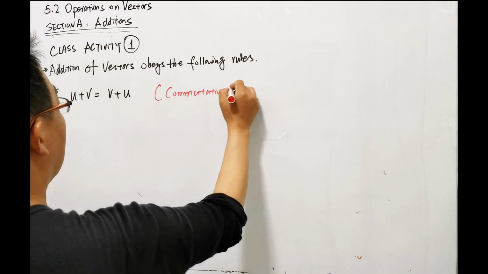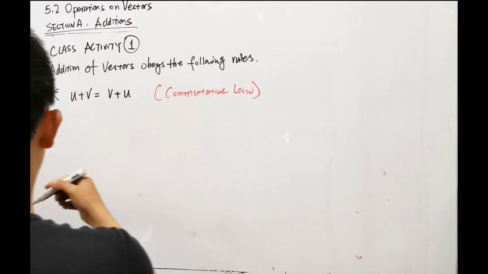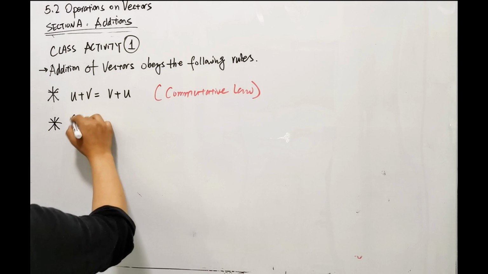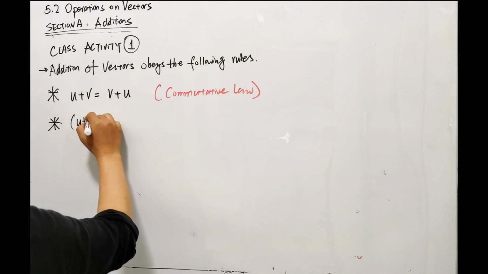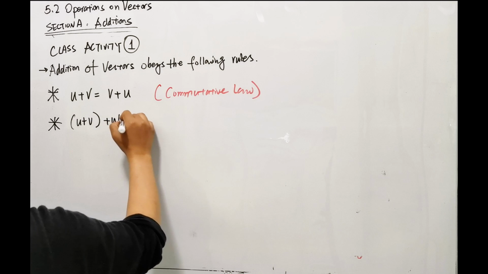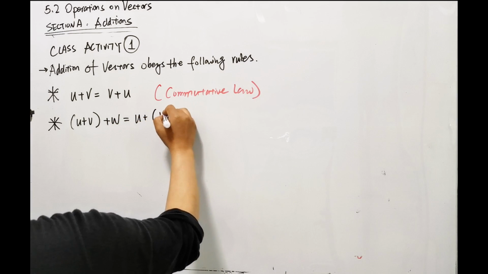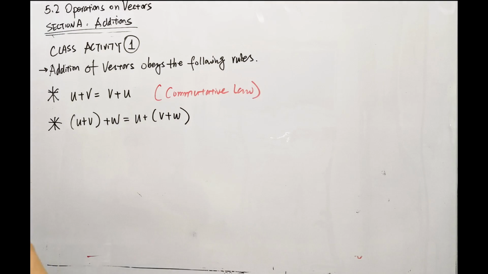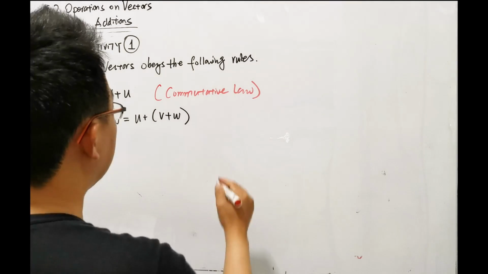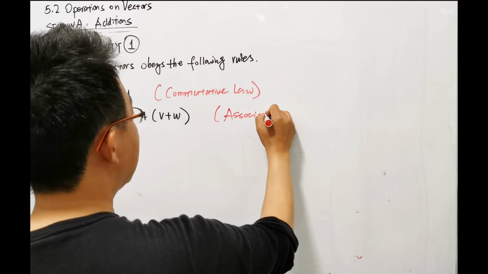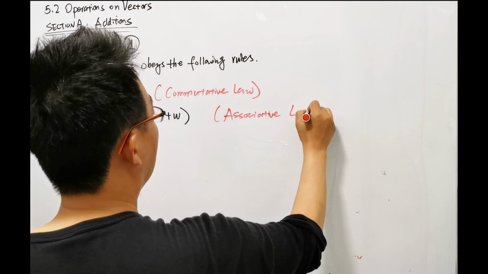And then we also have another one. If u plus v, in brackets, plus w equals u plus, in brackets, v plus w, that is another very important law. We call it the associative law.